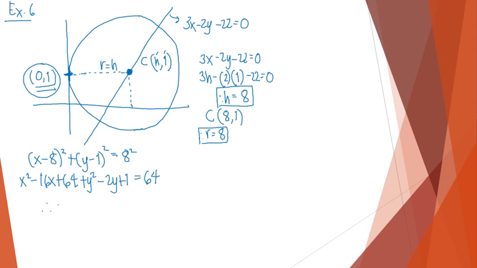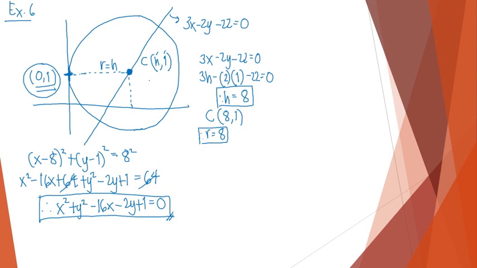If we simplify this, we have x squared plus y squared minus 16x minus 2y plus 1 is equal to 0, since 64 will be cancelled out. When we transpose it, it becomes negative, so 64 minus 64 is 0. Therefore this will be our equation of the circle. So that is example 6.